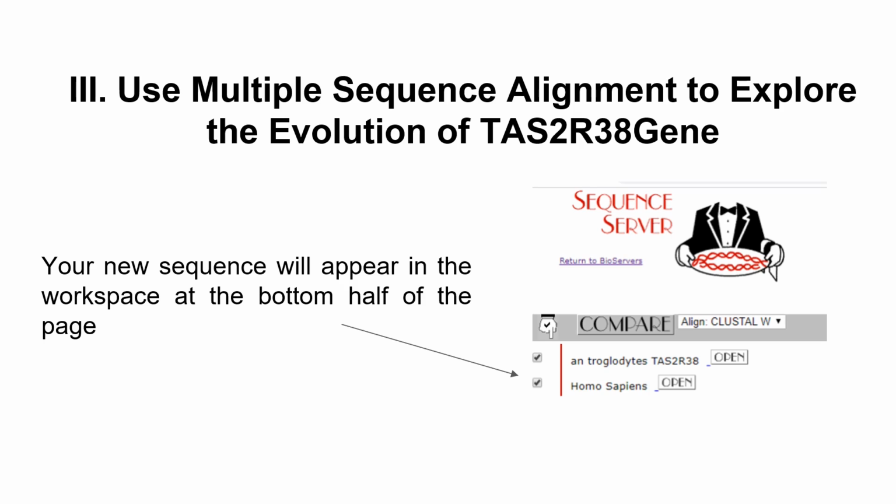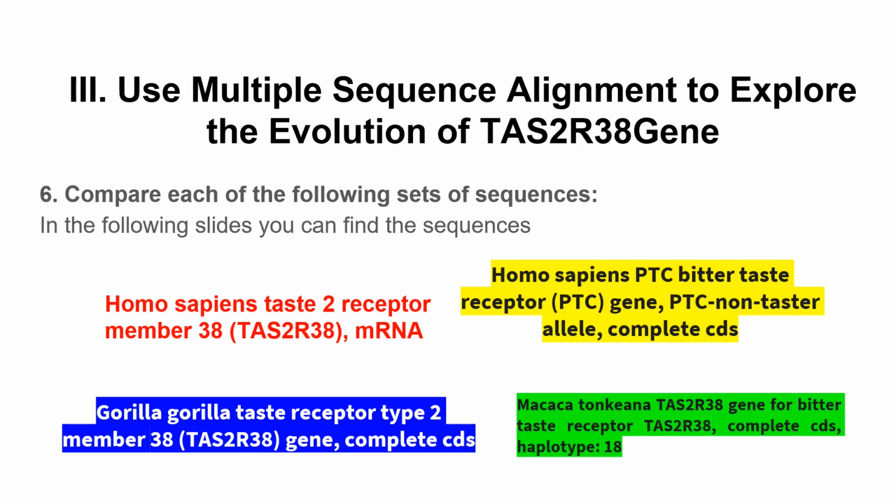So here you can see the first sequence that I added, and here you can see another sequence that I added. You will have to compare these 4 sequences: 1, 2, 3, and 4. And just a piece of advice: these names are too long, so you can call them, for example, Homo sapiens, with maybe these letters here.